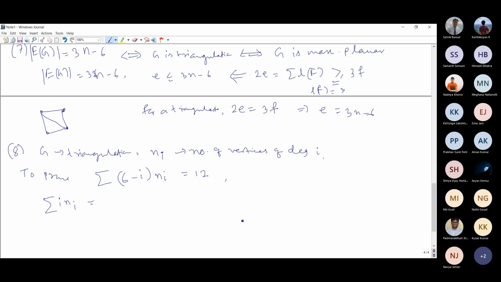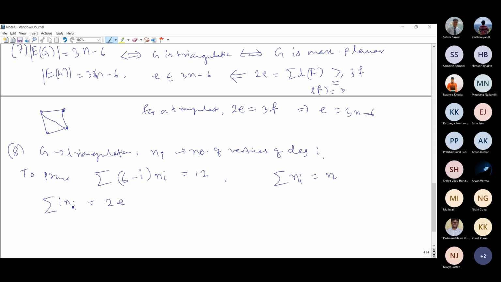First of all, summation of all Ni is equal to n. And summation of i times Ni is equal to twice E, right? Summation of i times Ni means you are summing the degree of all the vertices.